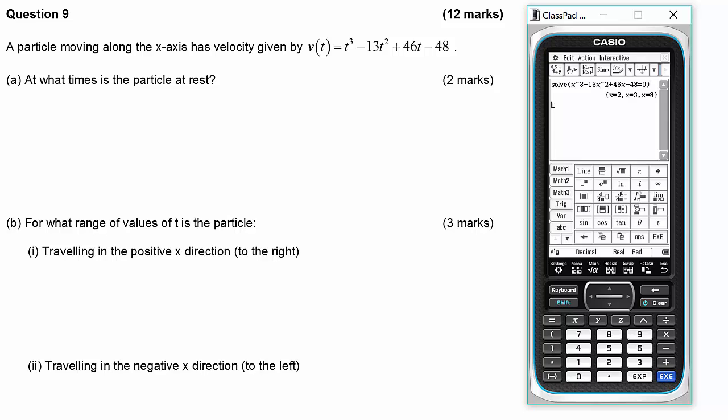So x is 2, x is 3, x is 8. So t equals 2, 3, and 8 seconds.